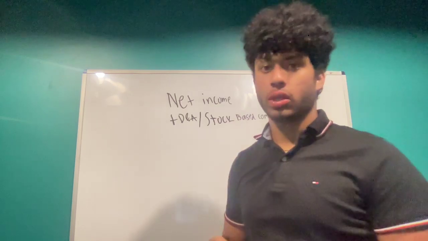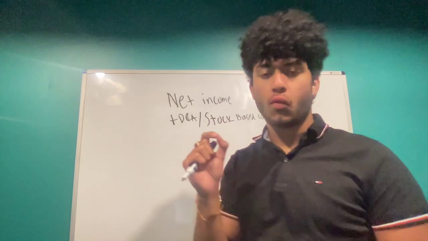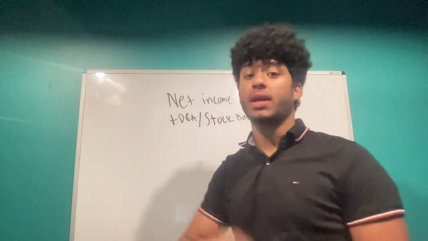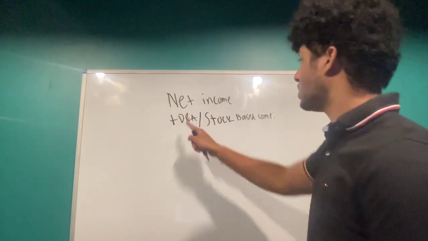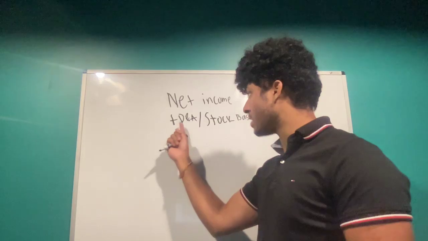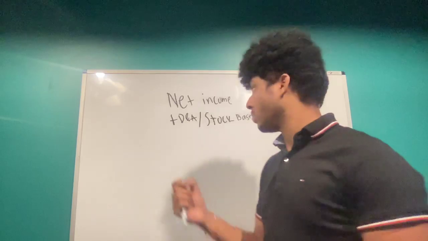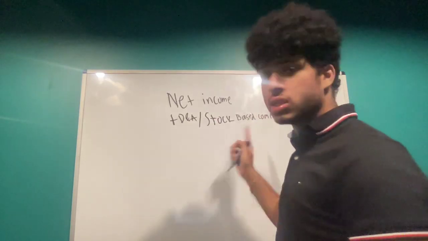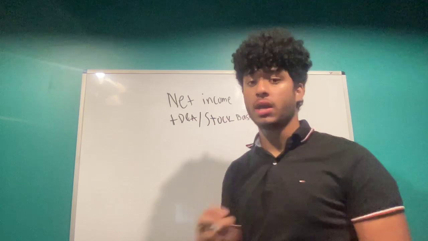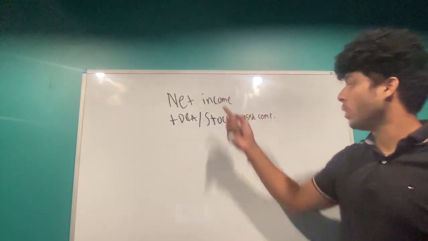Well, like I mentioned earlier, when we are calculating free cash flow, we are looking specifically for expenses that actually make cash leave the account. And depreciation and amortization, though it does show us a loss in value of assets or intangible property, is not actually money leaving your account.